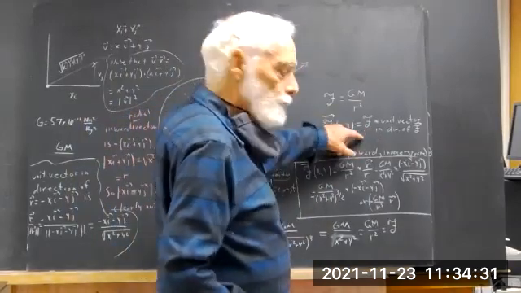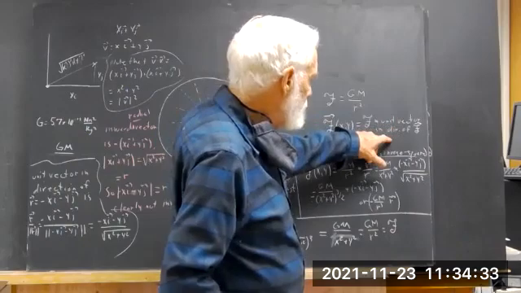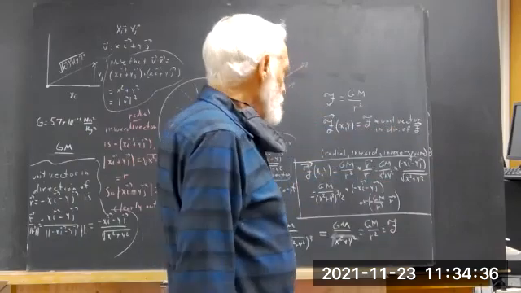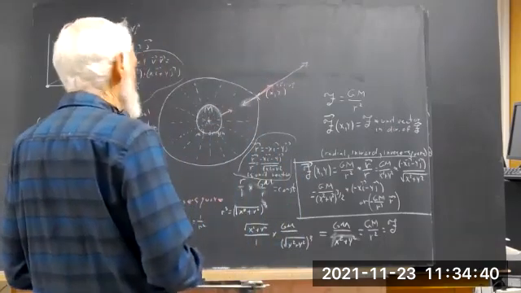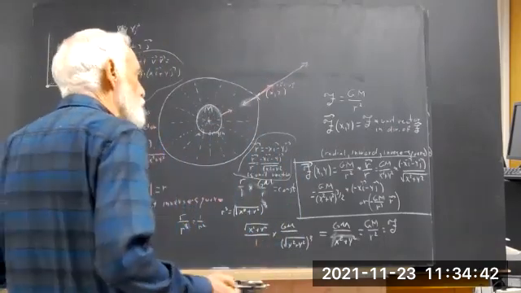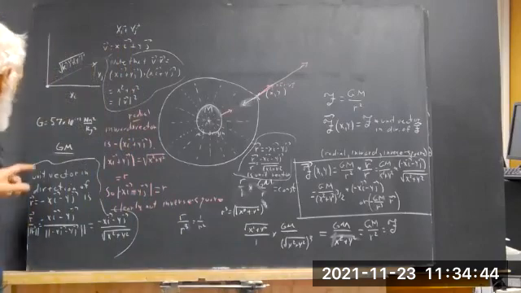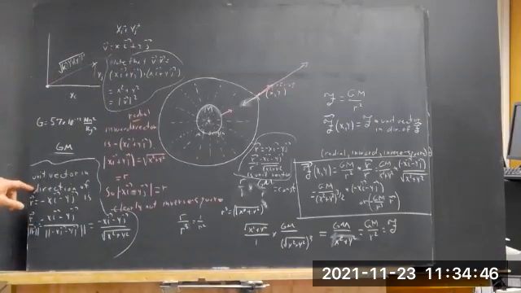It's going to be the magnitude of the field multiplied by a unit vector in the direction of the field. What's a unit vector in the direction of the field? Well, let's go back here. A unit vector in the direction of the field is a unit vector in the direction of r.